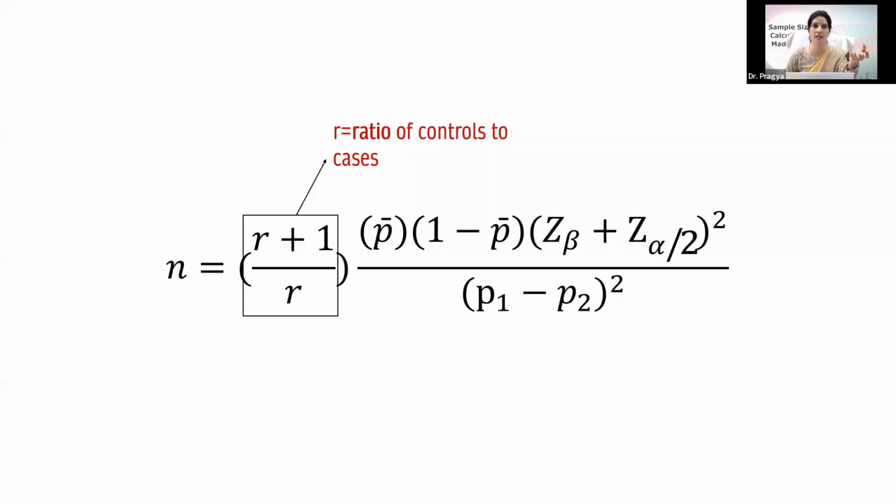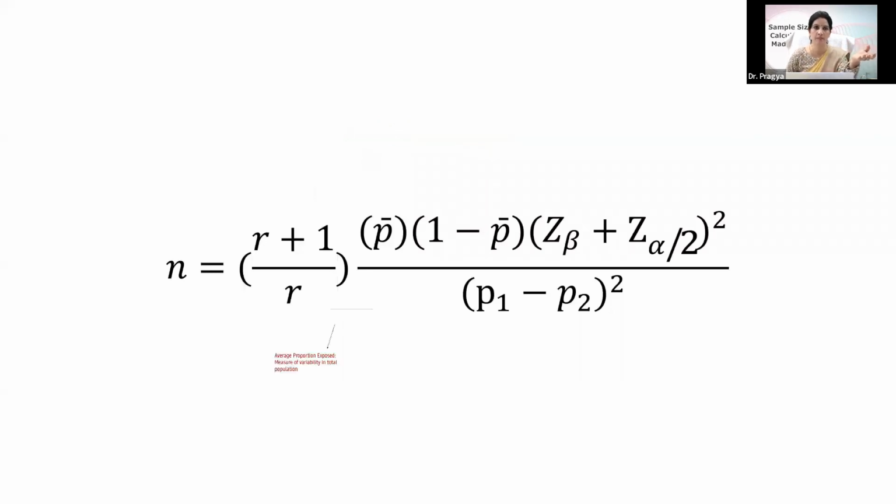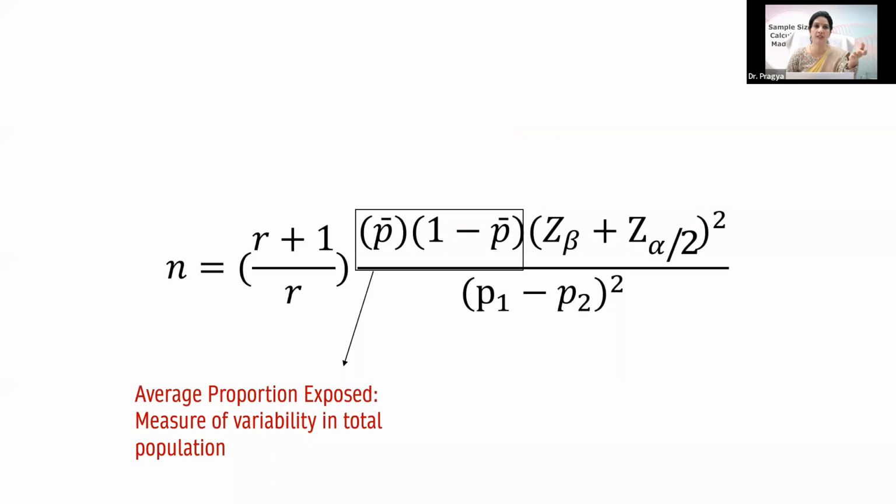This R is the ratio of controls to cases. This P is the average proportion. And P into 1 minus P is actually the variance, or in other words, the SD square. So this whole thing represents the measure of variability in the total population.